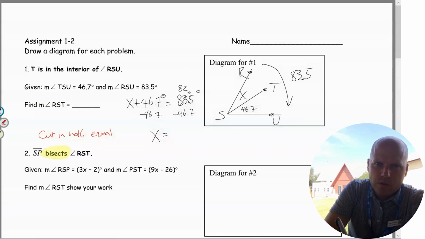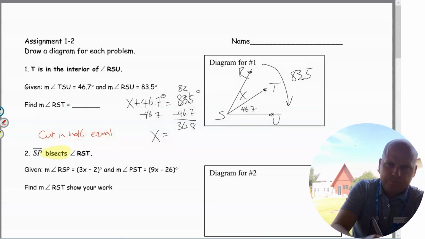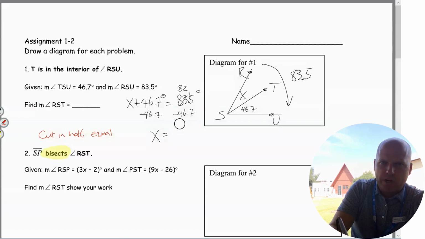What is this? 83.5 minus 46.7. Okay, so 36.8. If you use a calculator, do that, great.